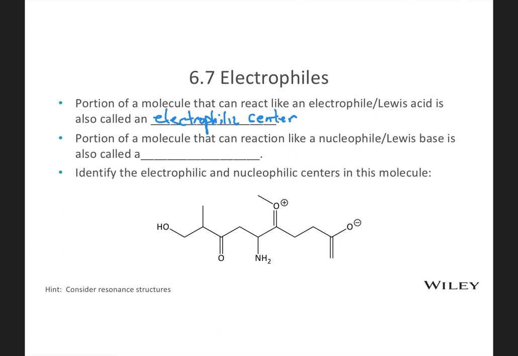The portion of a molecule that can react like a nucleophile is going to be called a nucleophilic center. Okay, so if there's part of a molecule that has high electron density that could possibly be shared with a different molecule, then that part of the molecule is called a nucleophilic center.